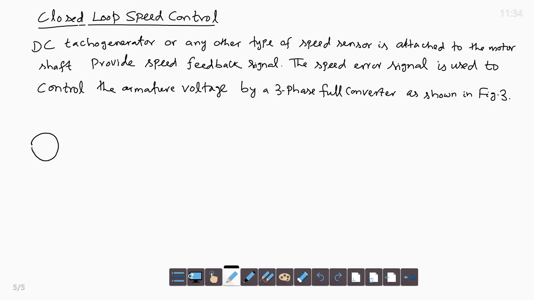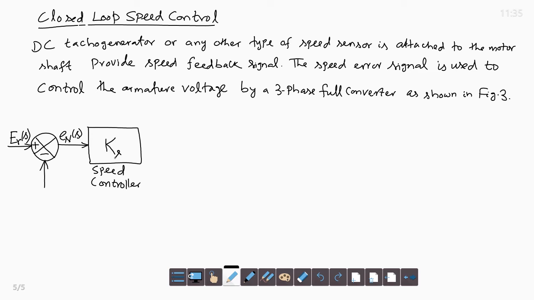We have a comparator. Input is the reference speed and corresponding speed voltage Er(s). Er(s) is the voltage signal corresponding to the reference speed. We have the speed feedback signal. Then this is the speed error En(s). The speed error passes through a speed controller whose transfer function is Ks.